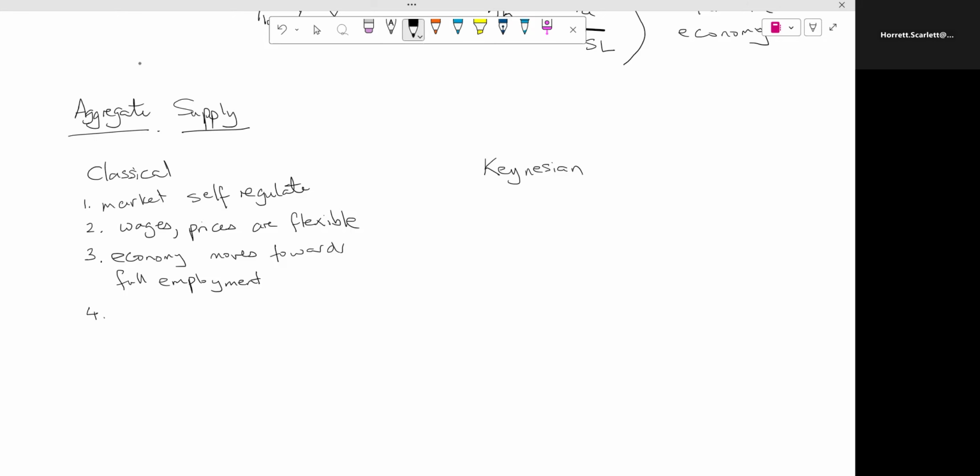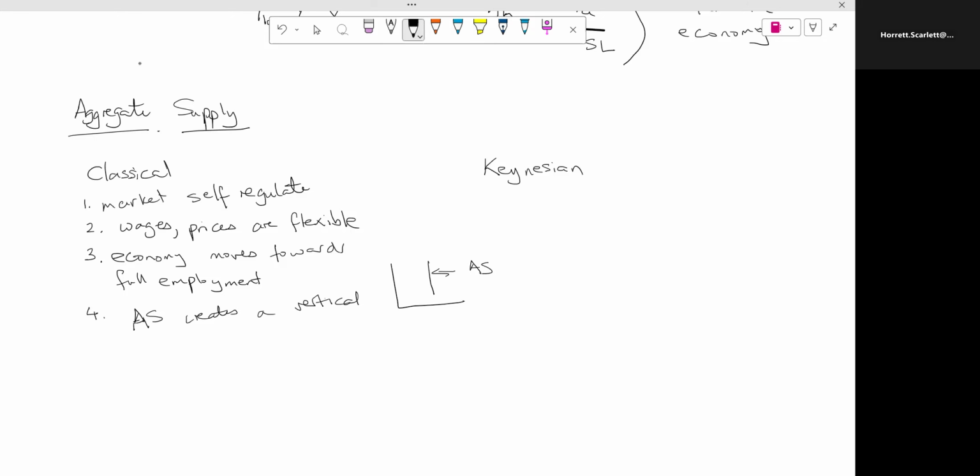Another thing that guides the thought process in the classical model is that if we look at aggregate supply over time, it's going to be a vertical line. So just quickly, we have our graph there. And this line here will be denoted as the aggregate supply line.